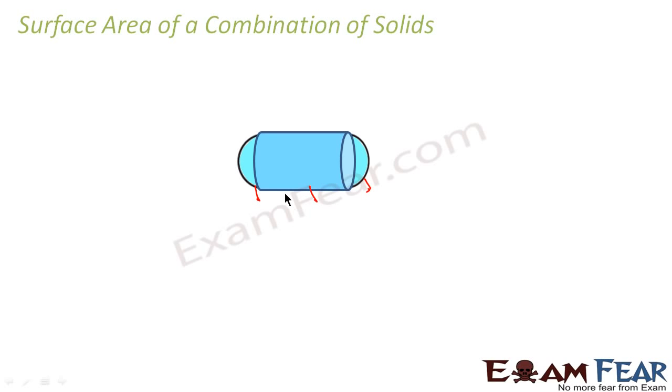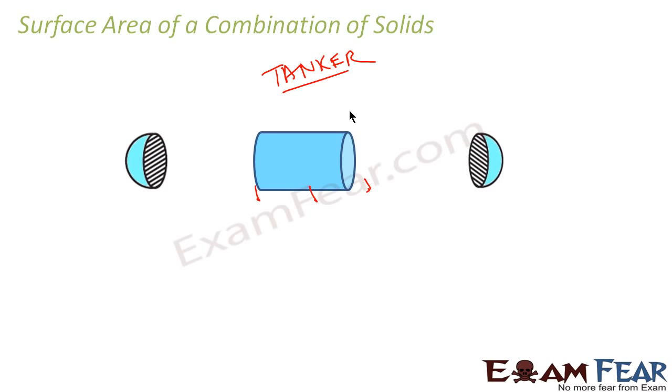So if you break this tanker, this is a milk tanker, generally of this shape. You must have seen it somewhere in the street. If you break this, it is nothing but one cylinder and two hemispheres. This is a hemisphere, this is also a hemisphere, and this is the cylinder.